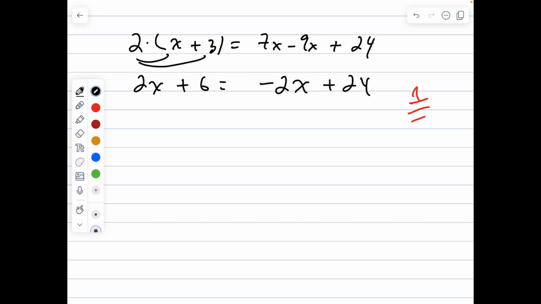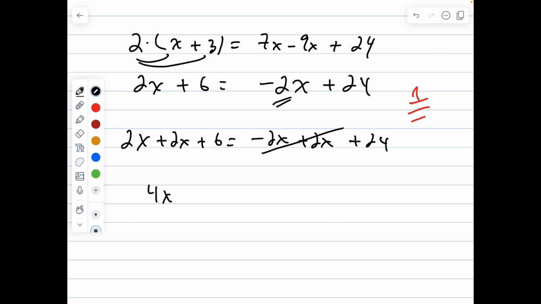So that minus 2x, you see here, I'm going to add 2x to both sides, because I'm going to bring all the x's over to the left-hand side. So these would cancel, and 2x plus 2x is 4x. You could have also subtracted the 2x over.